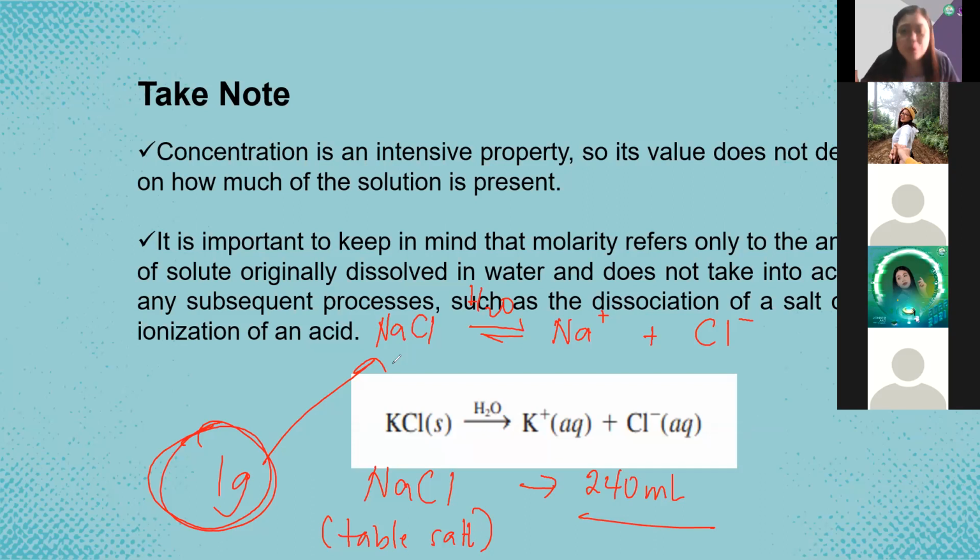You will have the potassium ion and the chloride ion. But in computing the molarity, we don't really account the amount of potassium being separated or the amount of chloride that is separated. Always go back with the original substance and the amount of that substance that is dissolved in our solution. Okay? Questions so far?